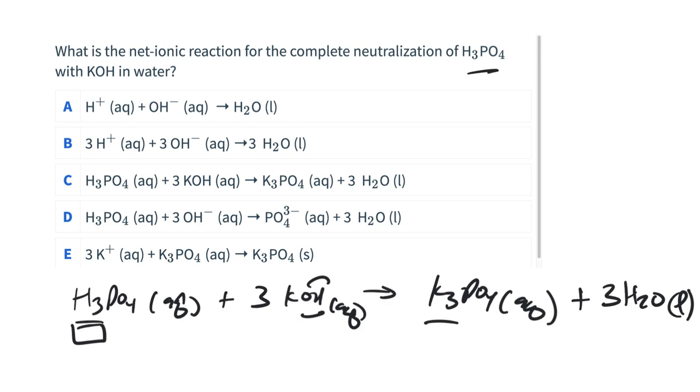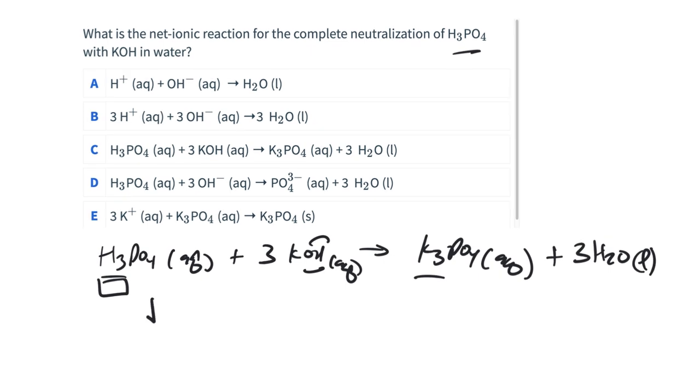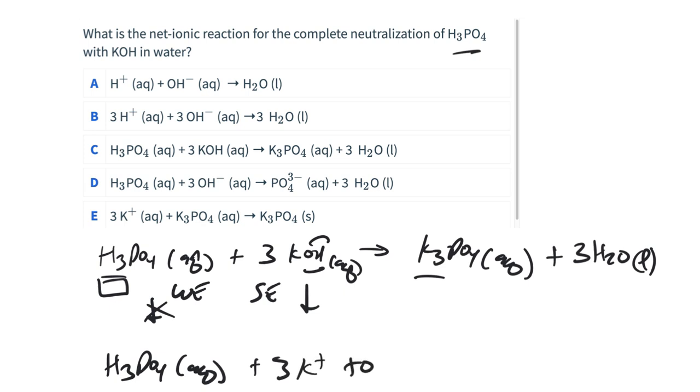So now when I think of writing my full ionic equation to try to get to the net ionic, I only dissociate my strong electrolyte. So I have a strong electrolyte KOH, but H3PO4 is not a strong acid, so it's just a weak electrolyte. So I leave this in the full ionic equation as phosphoric acid aq plus 3K plus 3 hydroxide ion.